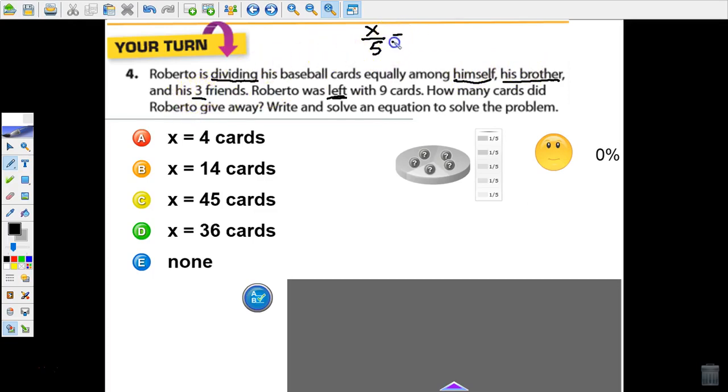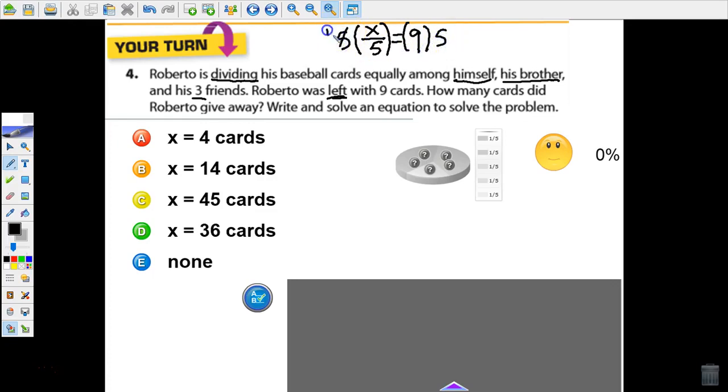Okay? And then he was left with 9 cards. So each person got 9 cards because it was equally, and Roberto was left with 9 cards, therefore they all got 9 cards. So to solve this problem, I'm going to have to multiply, since in the problem there is division. So let's multiply by 5 to get my x all alone.